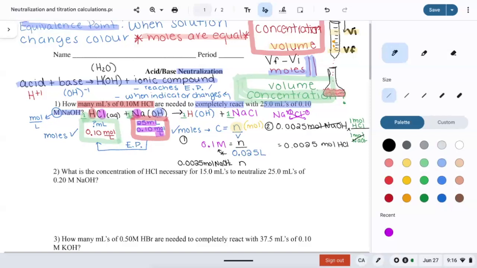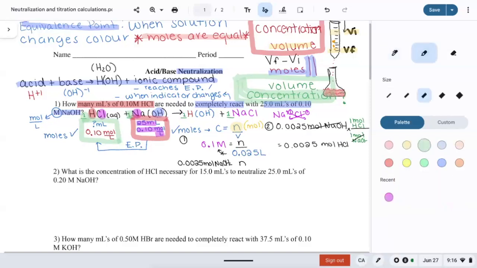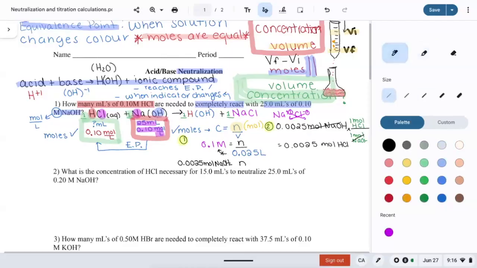The question, though, didn't ask us about moles. It asked us about the missing milliliters to cause the flask solution to change color.